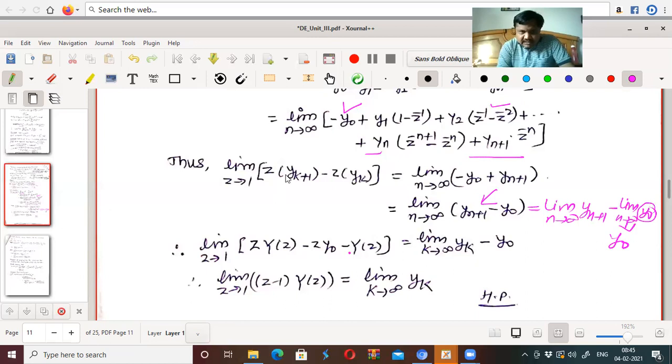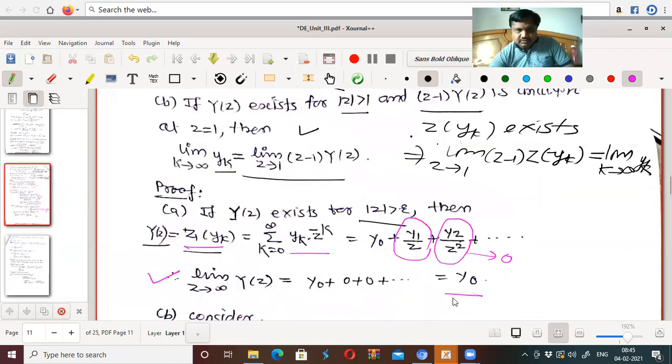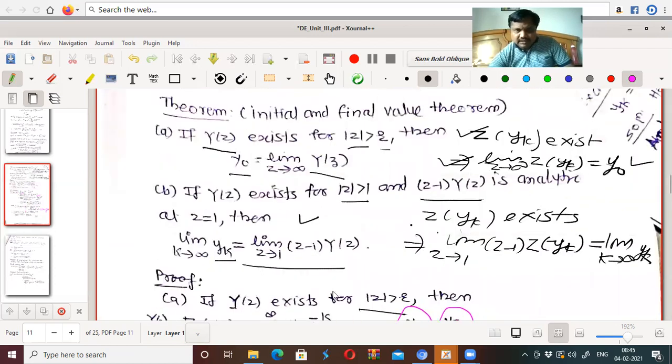Now z of yk plus 1, limit as z tends to 1 of z of yk plus 1. And what about this z of yk? Z of yk is nothing but capital Y of z. Now what is z of yk plus 1? Is it z into Y of z minus z into y0? By using what? Z of yk plus 1.